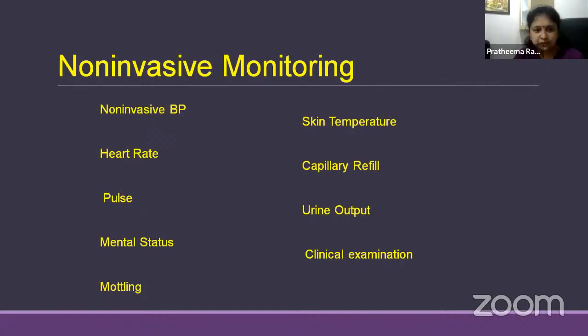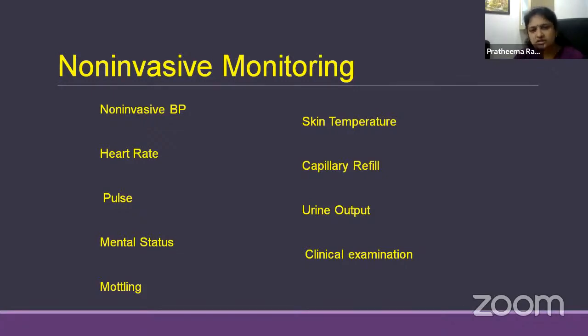We look at the heart rate, pulse. How is the patient? Is the patient warm, cold, clammy? We have a lot of fancy terms. But basically, there are 3 windows to see whether the patient is adequately perfused in a clinical examination. One is the mental status. Is the patient having an altered sensorium? If the patient is in shock or the cardiac output is not good, the patient is going to be drowsy.